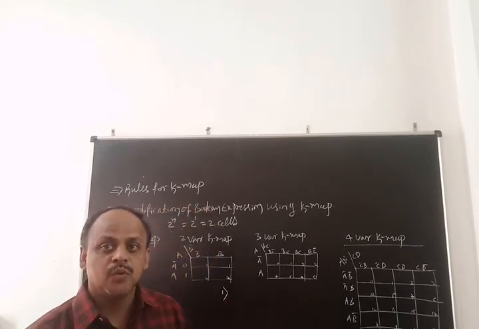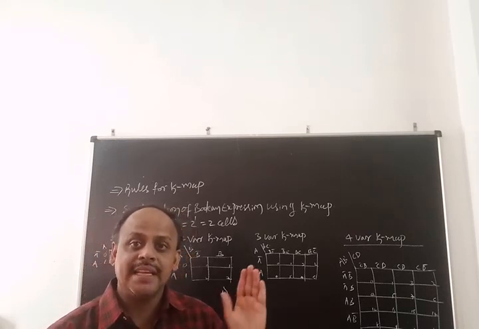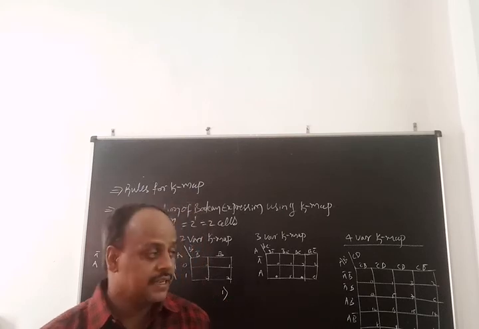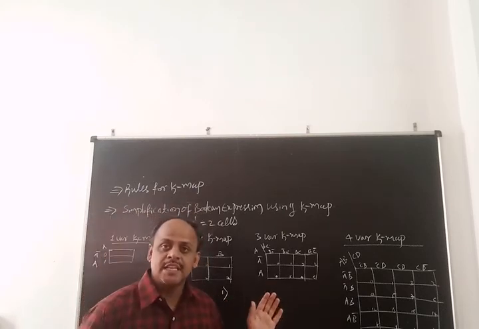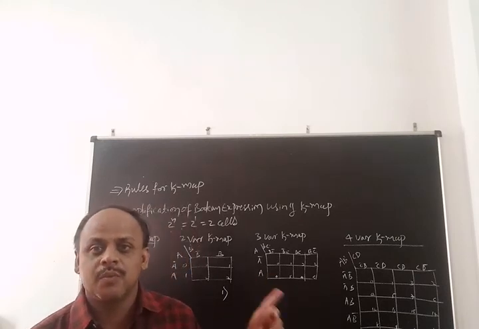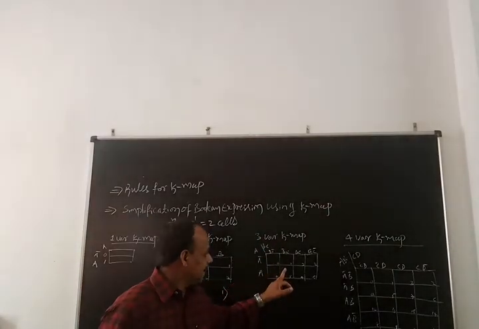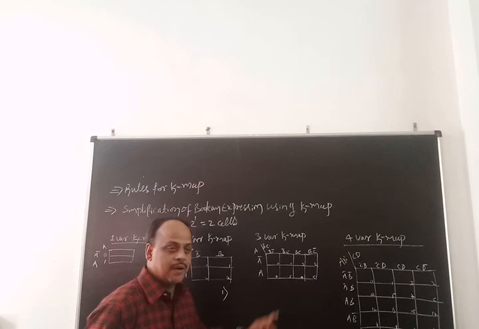Before drawing a table, we have to find how many cells it contains, using the formula 2 power n, that is 2 power 3, which is 8 cells. So a 3 variable expression means we draw an 8 cell table.